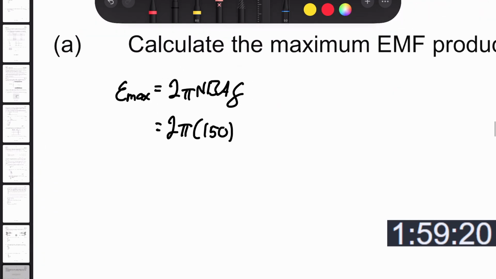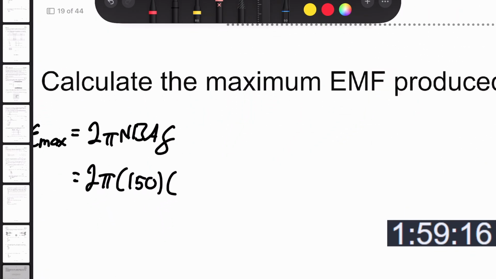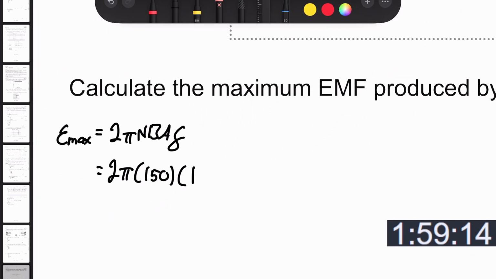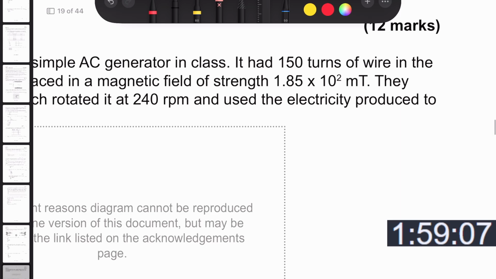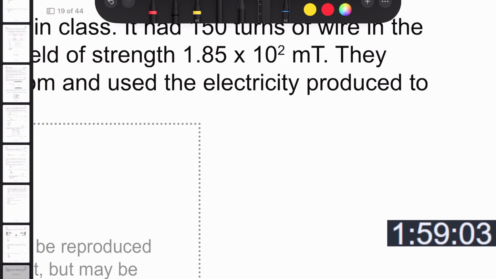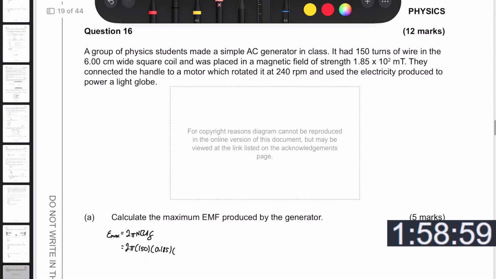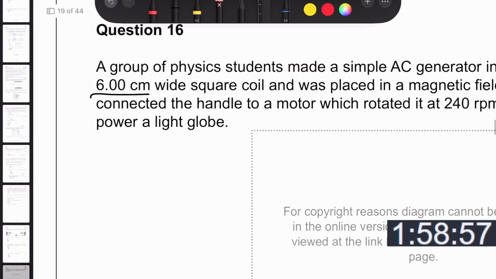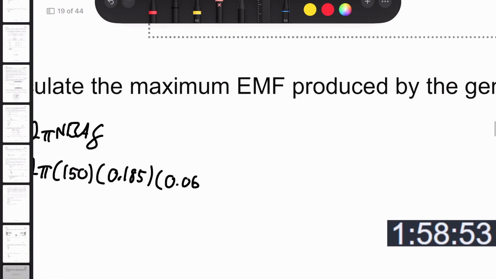And B is 1.85 times 10 to the negative 2 tesla, so this is going to be 0.185, because that's 185 millitesla, divided by 1,000. My area is 6 centimeters wide, so 0.06 squared.